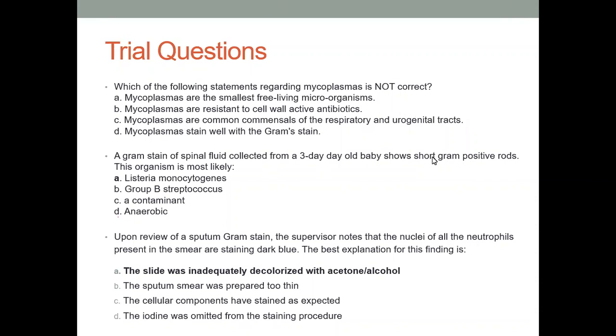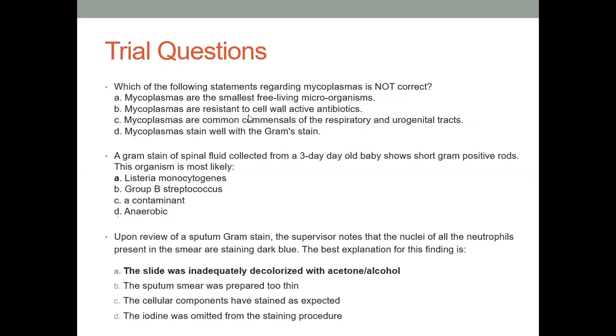Portia, I could see that your mic is on. So can you help us? All right. So it is true that it is the smallest of the microorganisms. So that will not be the answer.